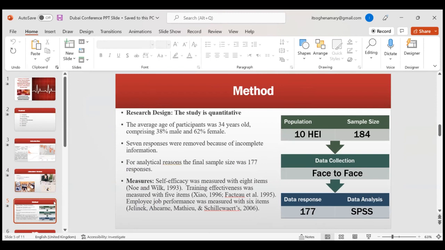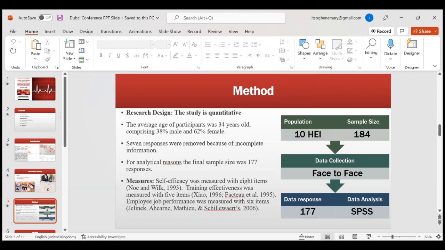We had 184 as sample size, where the data collection was face-to-face. We gave out 184 and at the end we had 177 responses, because 7 responses were removed due to incomplete information.